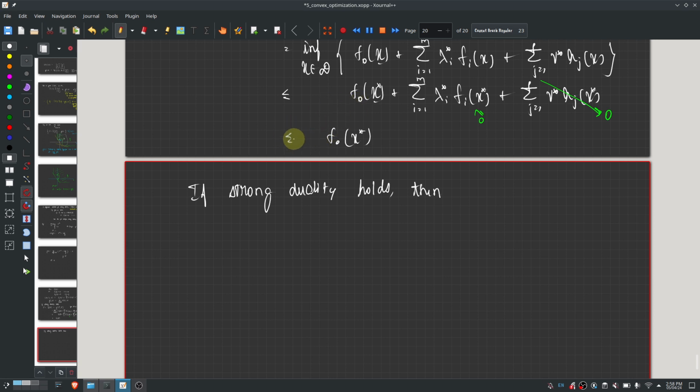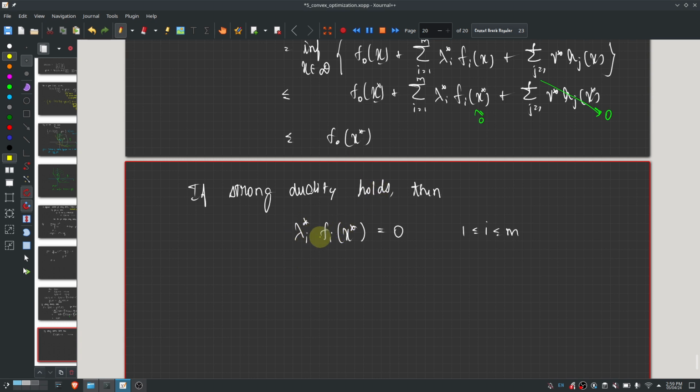All right. So let's focus on the second inequality first. So this will be an equality only if each of these terms is equal to 0. Right? So which must mean that lambda I star fi of x star should be equal to 0 for all I. Okay, remember this is a necessary condition. If strong duality holds, then this must be satisfied. And these are what are called complementary slackness conditions.